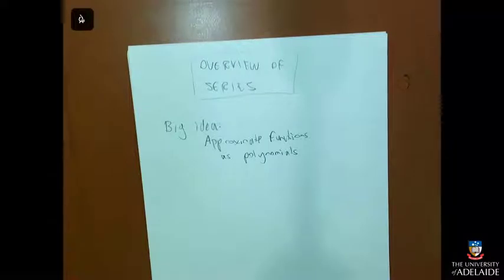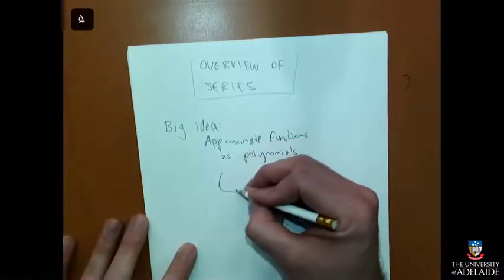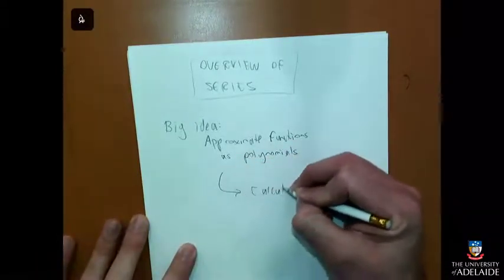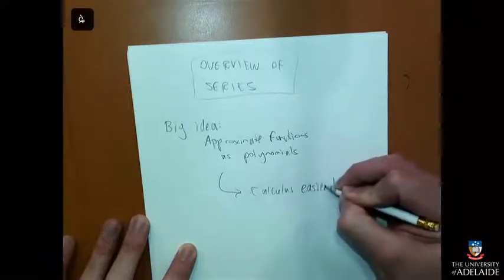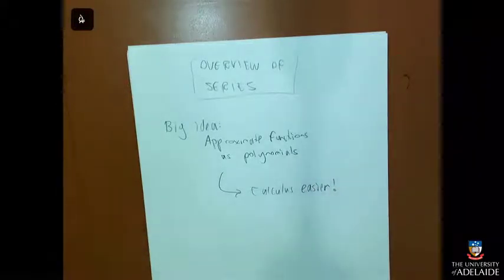So if I can approximate my function as polynomials, then all my calculus will be easier. And if I don't really care about doing things exactly, then I can just do approximations.